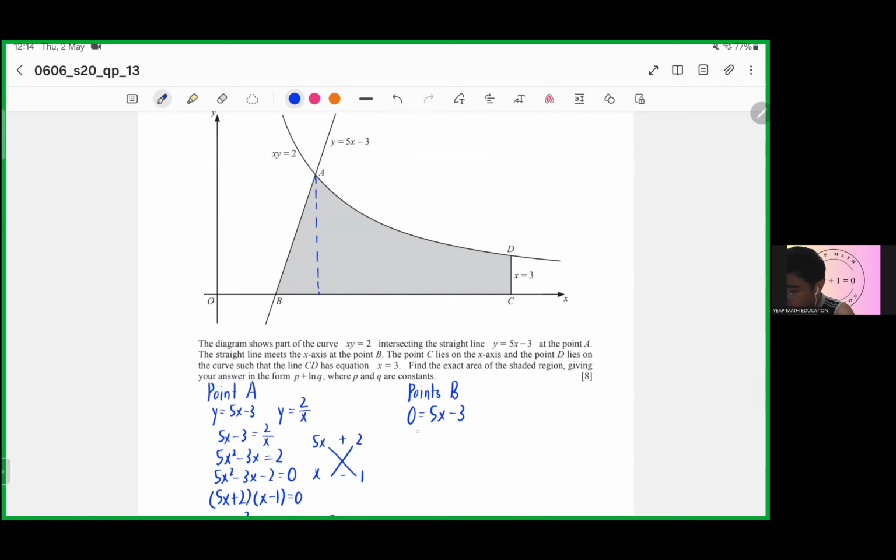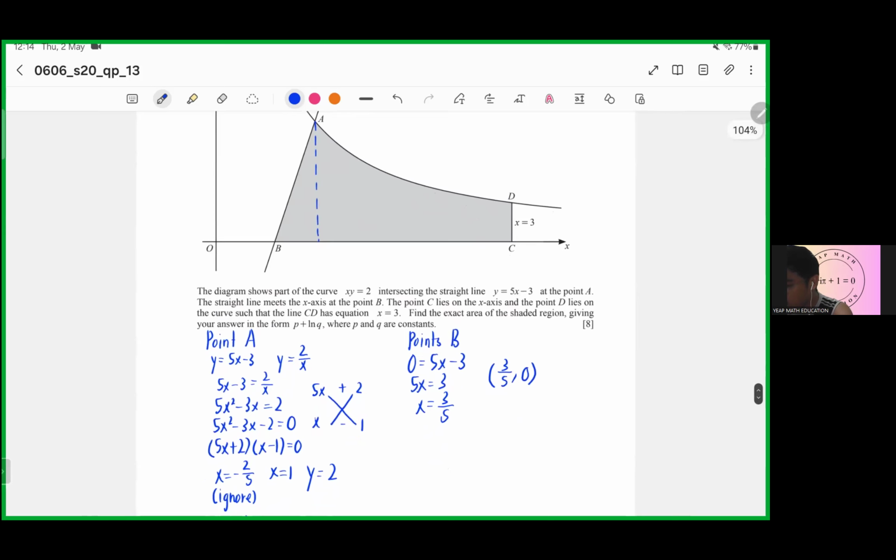So we can take 5x equals to 3, x equals to 3 over 5. Okay, so the answer is (3 over 5, 0). And then we look at point C. Okay, point C actually is quite easy because x is equal to 3, right? Okay.